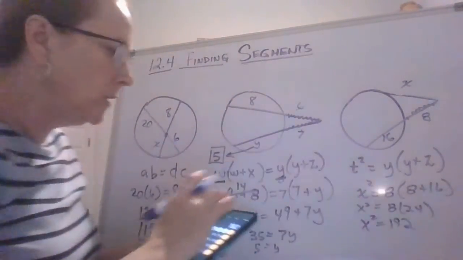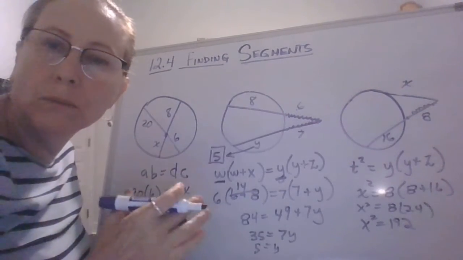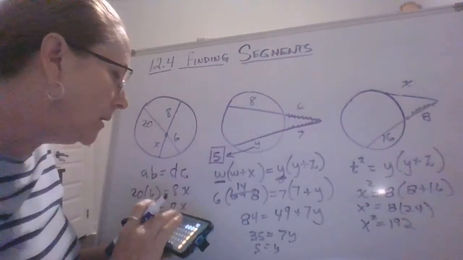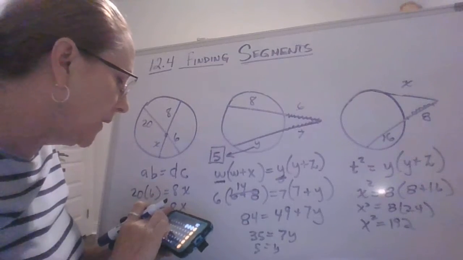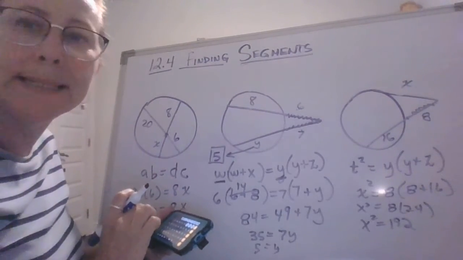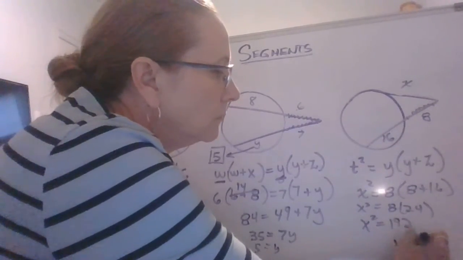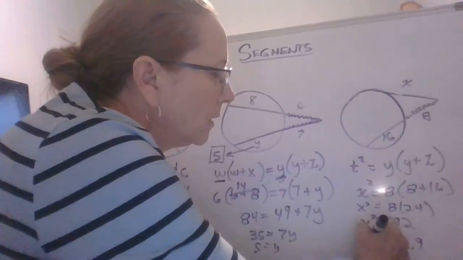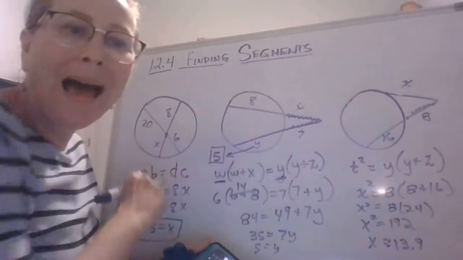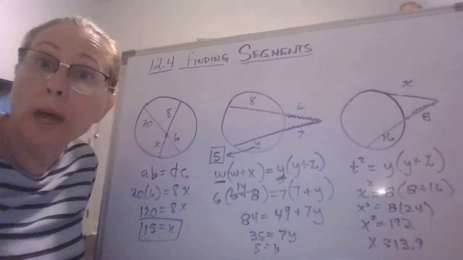And the instructions on this one would say, find the answer to the nearest tenths place. So we would just find our square root, and it's 13.9. So frequently these would have to be rounded because it may not be an exact answer, and that's okay.